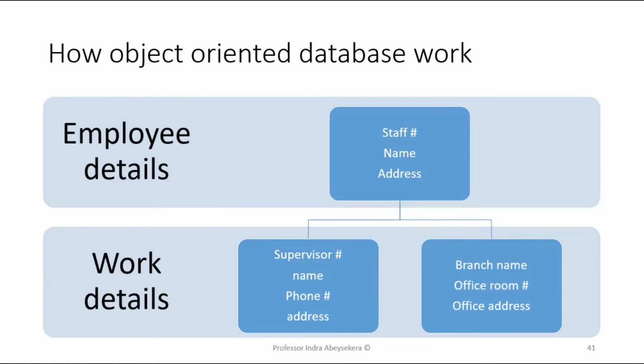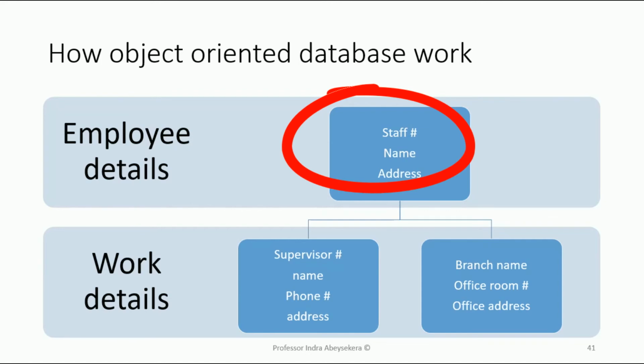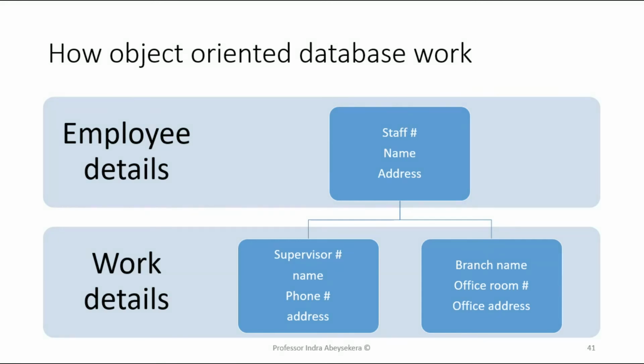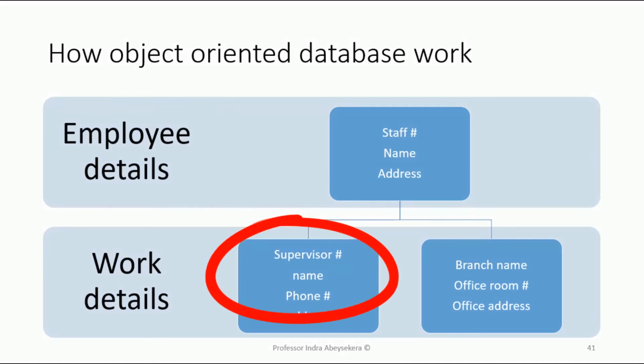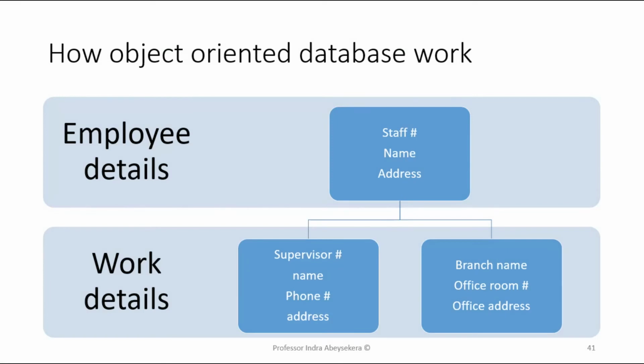The fourth type of database model, which is contemporary but is evolving now, is called the object-oriented database. It can store data in objects rather than in tables, and objects can be placed in hierarchy if required.